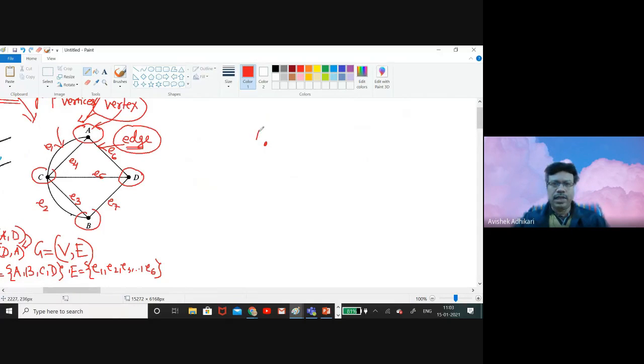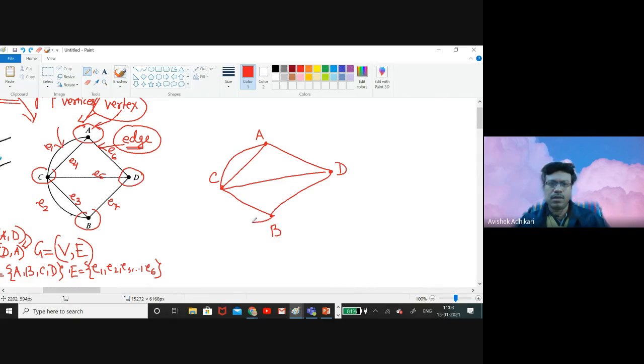So this is A, this is my C, this is my B, and this is my D. This is a parallel edge, and this is another parallel edge. The edges here are E1, E4, E3, E2, E7, E5, E6.